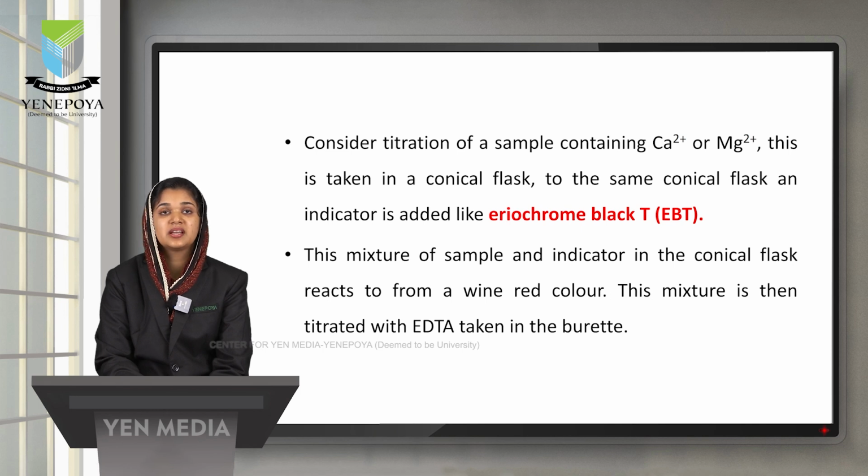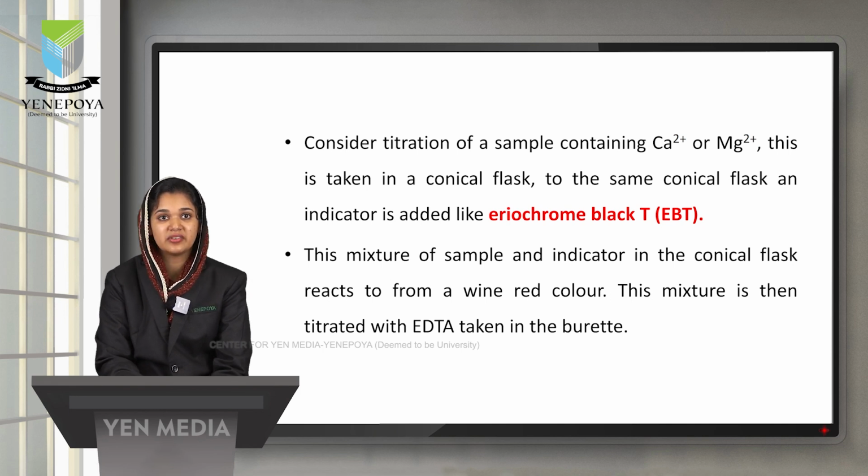For example, consider titration of a sample containing calcium, magnesium or any other metal ions in a conical flask. To this flask, if we add our indicator, for example eriochrome black T, the indicator initially will form a bond with our metal ion. The color of that solution will be wine red.